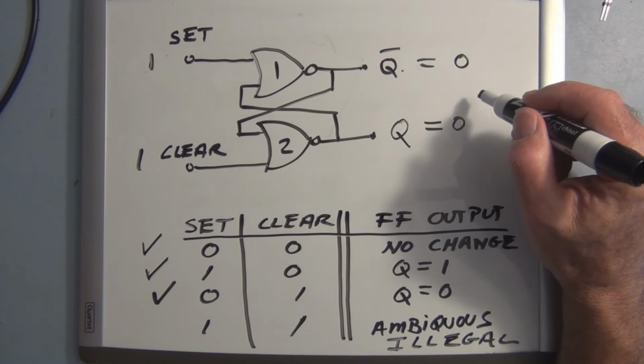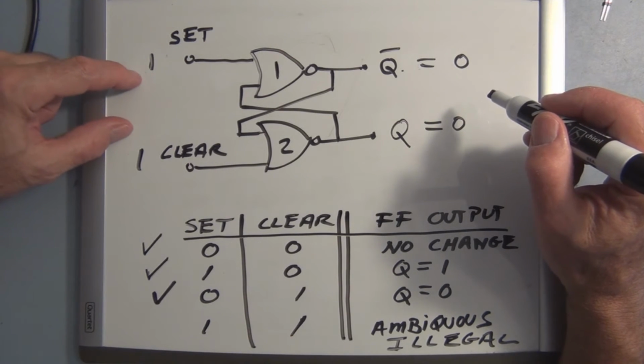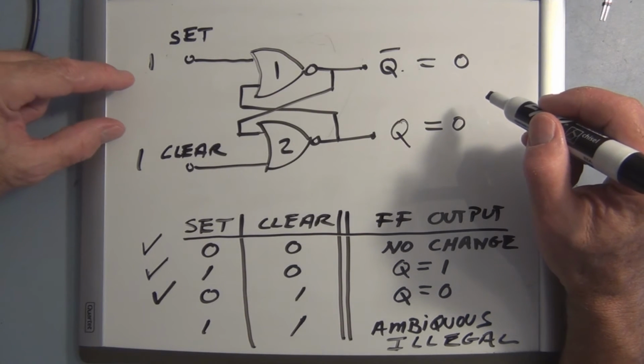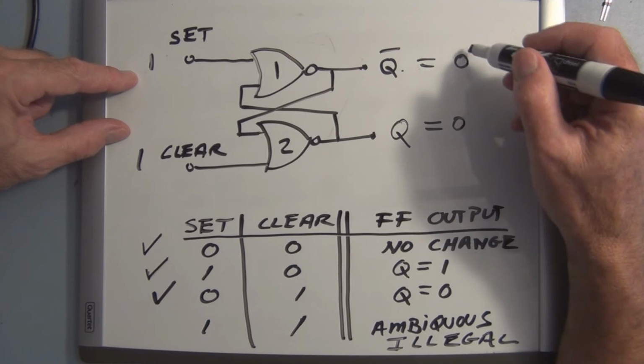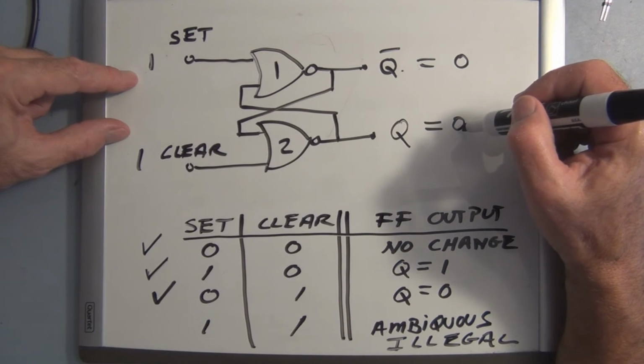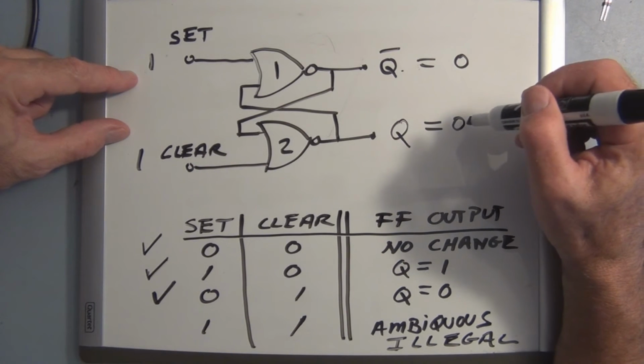But physically what happens is that when you go to set these at both 1s, one is going to get there quicker than the other. So these in reality will be, not equal, but one will be a 1 and the other will be a 0.